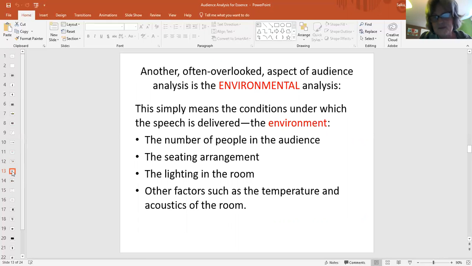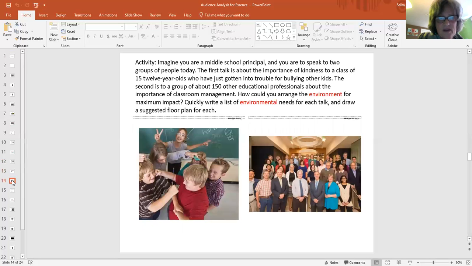Sometimes when you're speaking to large groups, a microphone's helpful. And when you're speaking to a small group, eye contact and some intimacy is also important.